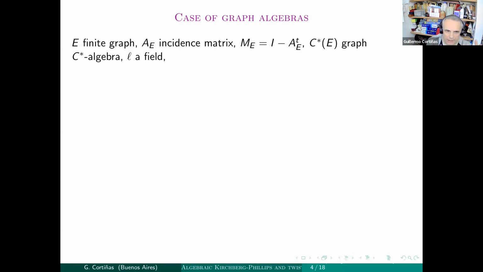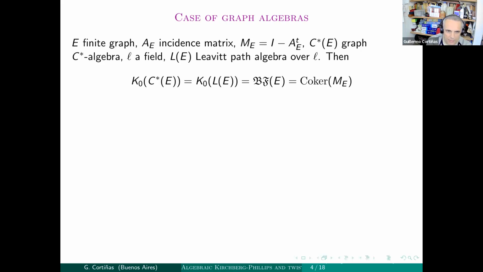Then for the C-star algebra of E, and also for the Leavitt path algebra of E over any field L, the K0 of C-star E and LE are equal to an invariant that depends only on E, which I call the Bowen-Franks group of E, and which is the co-kernel of this matrix ME. So they have the same K0s.